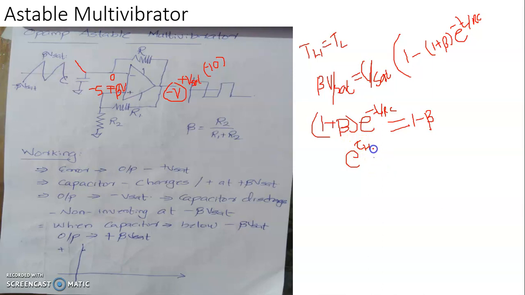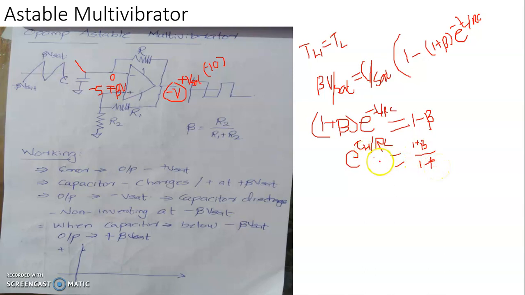Then e raised to t by RC equals the reciprocal of e raised to minus t by RC, which is 1 minus beta by 1 plus beta. So e raised to t by RC will be 1 plus beta by 1 minus beta. Now take the natural logarithm, then this becomes t by RC equal to natural log 1 plus beta by 1 minus beta.